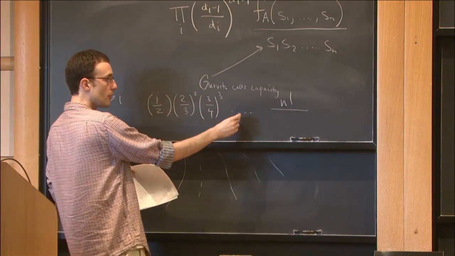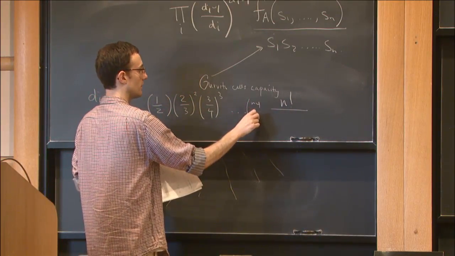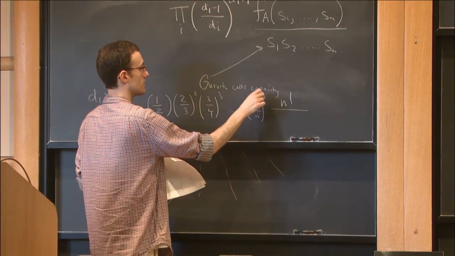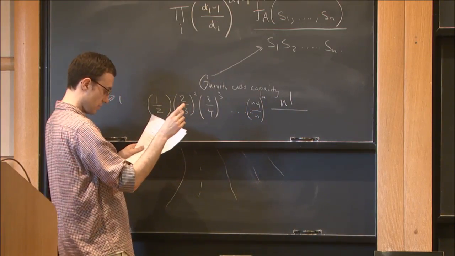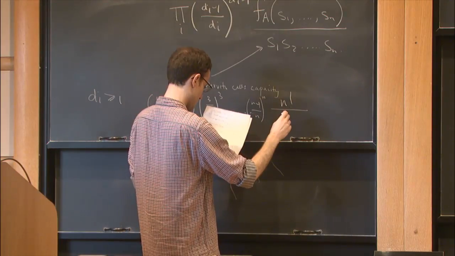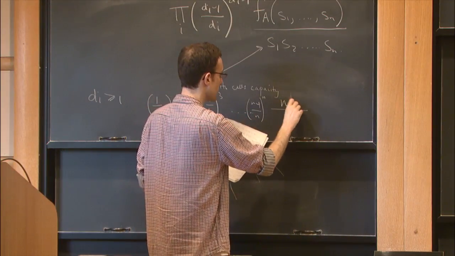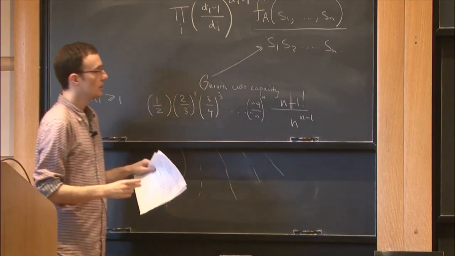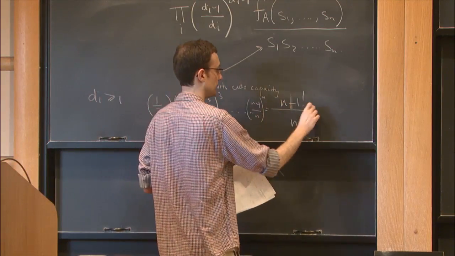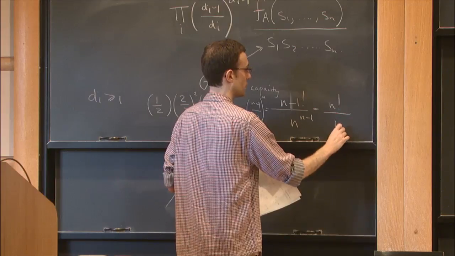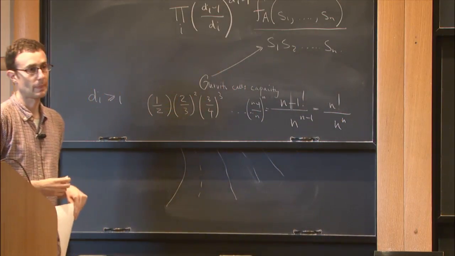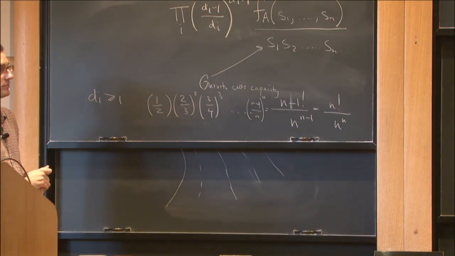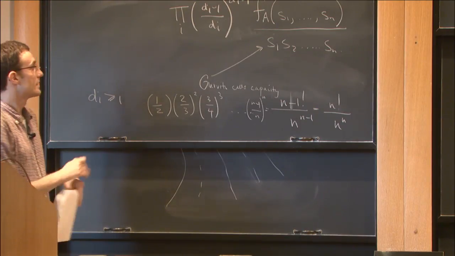And the only thing on the bottom that doesn't cancel is this very last one, which gives you (n minus 1) factorial over n to the n minus 1, which is the same as n factorial over n to the n, times this.